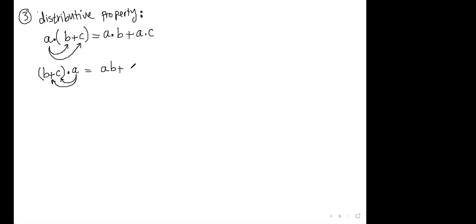For example, if I have the real number A times two numbers, B plus C, this is exactly like distributing A to both terms inside the parentheses: A times B plus A times C. The same thing here, B plus C times any real number. Again, we distribute the A inside the parentheses, and you get AB plus AC.